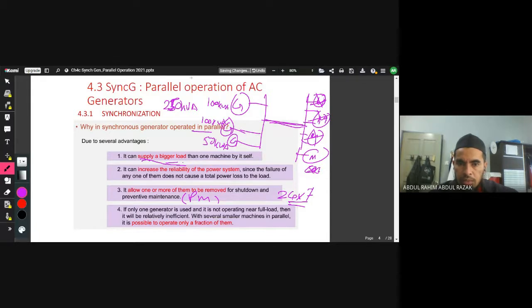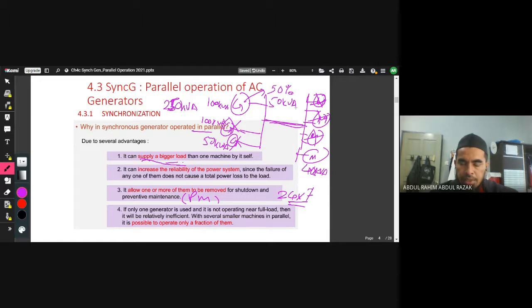If you have only a 40 kVA load, it is not a wise decision to switch off this one and run the other at 50% of its power rating, working this generator at 50 kVA.